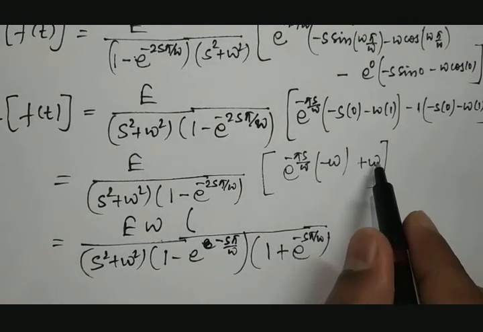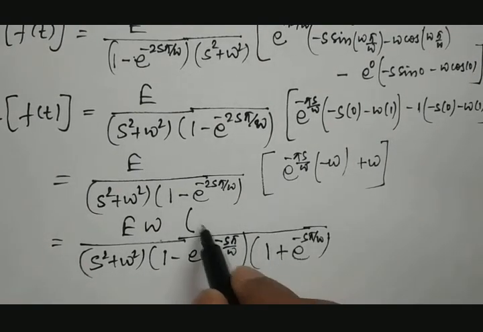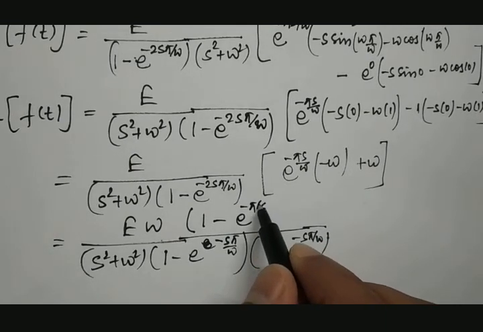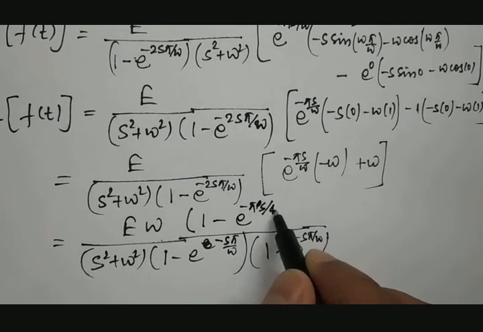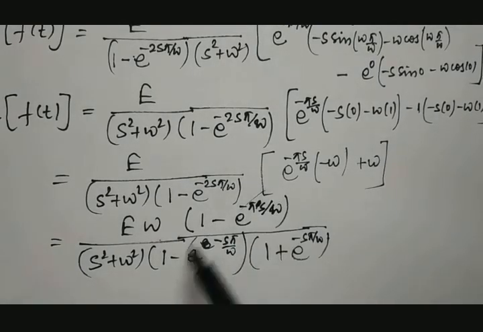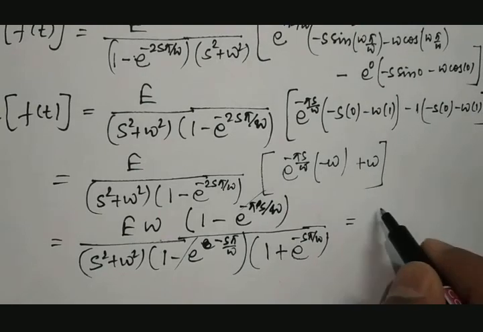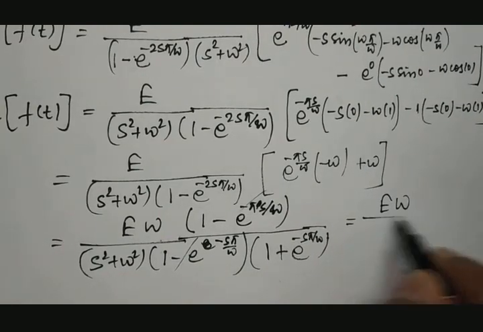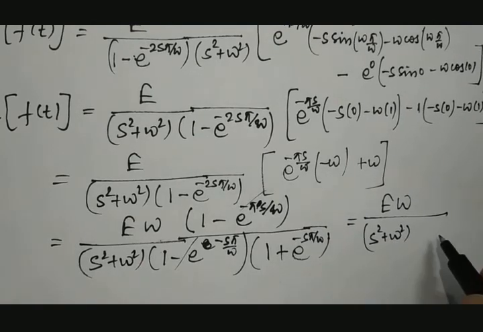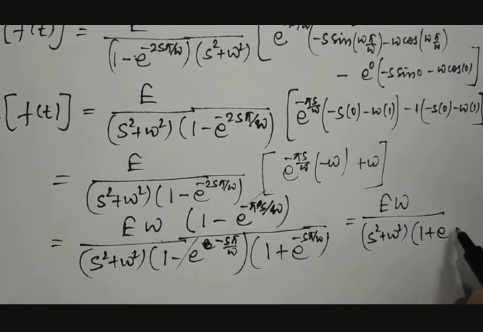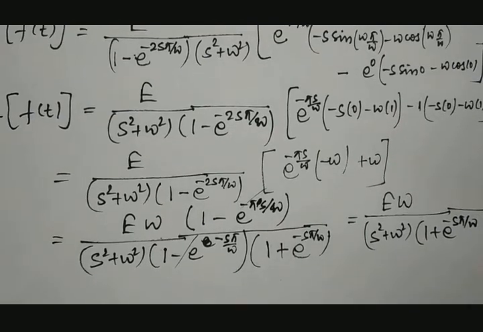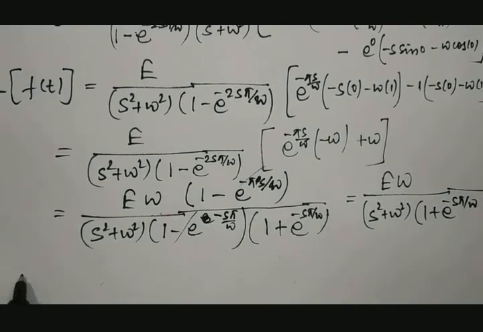Then if you take, then it is 1 minus e raised to minus pi s by omega. Fine. So this term gets cancelled. Therefore e omega divided by s square plus omega square, that into 1 plus e raised to minus s pi by omega. So this will be the solution for this given example.